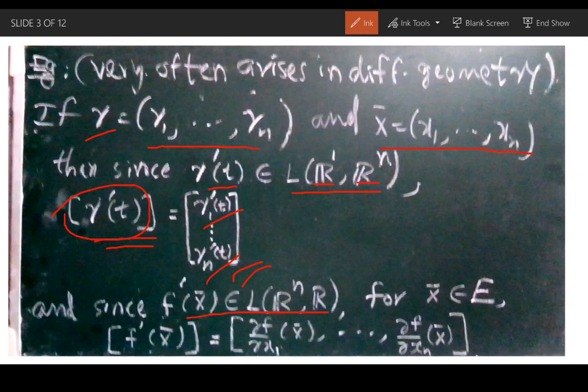So dou f by dou x1 at the point x, etc., dou f divided by dou xn at the point x. So this matrix will represent the linear transformation f dash x with respect to the standard basis of Rn and R. Okay?